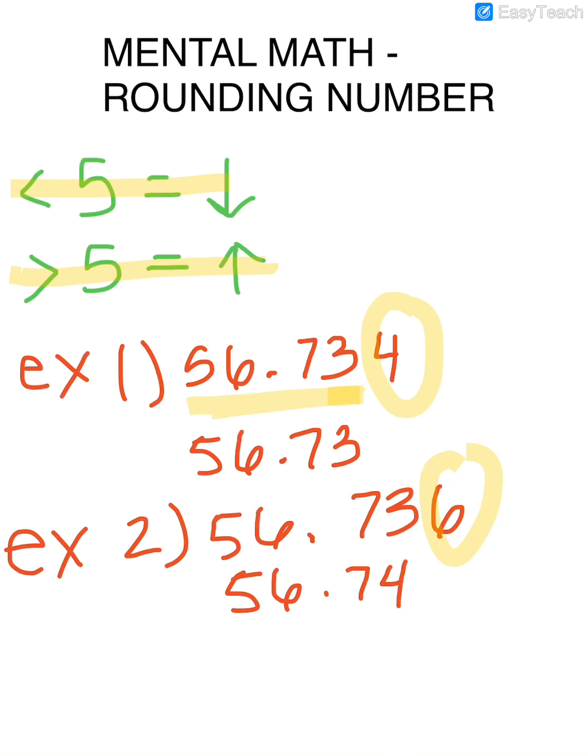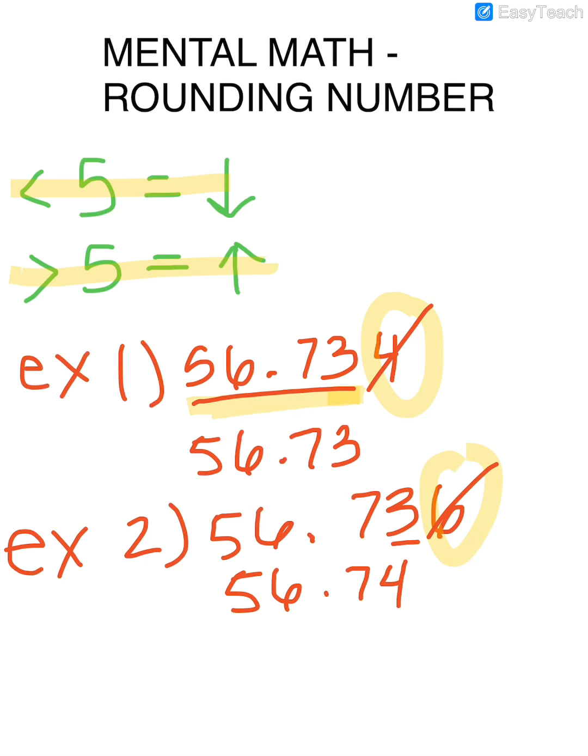So to summarize, the number that you're getting rid of to round to the next place value, if that number is less than 5, you're going to round down. Round down does not mean you lessen the number, but you just drop that last number and whatever is left is your answer. But if the number is greater than 5, then you drop that last number, but the number next to it increases by 1.